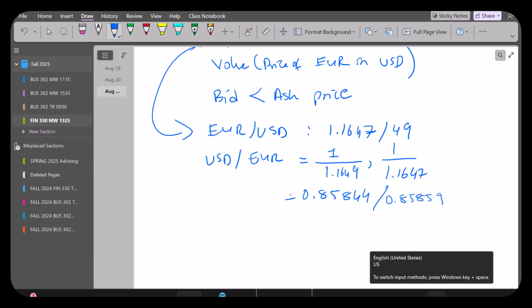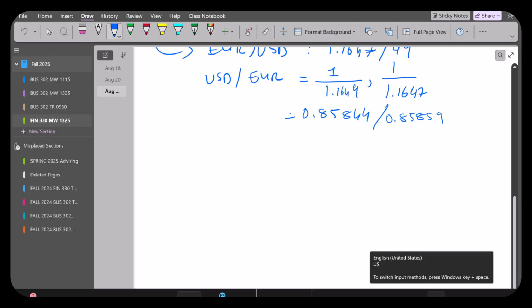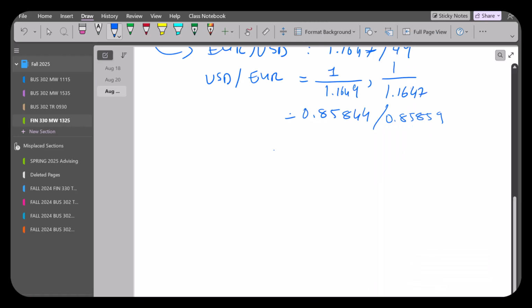Normally you would round it to 4 digits, but I just leave it there. Or I could write this approximately as, I round it down on the bid and round it up on the offer.